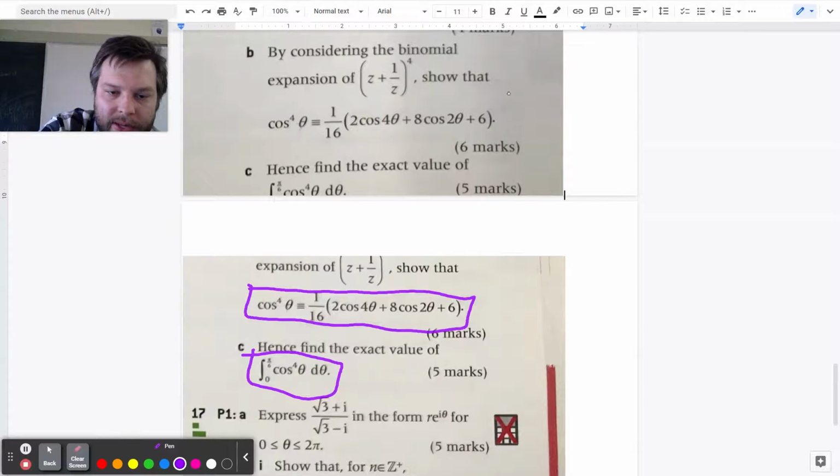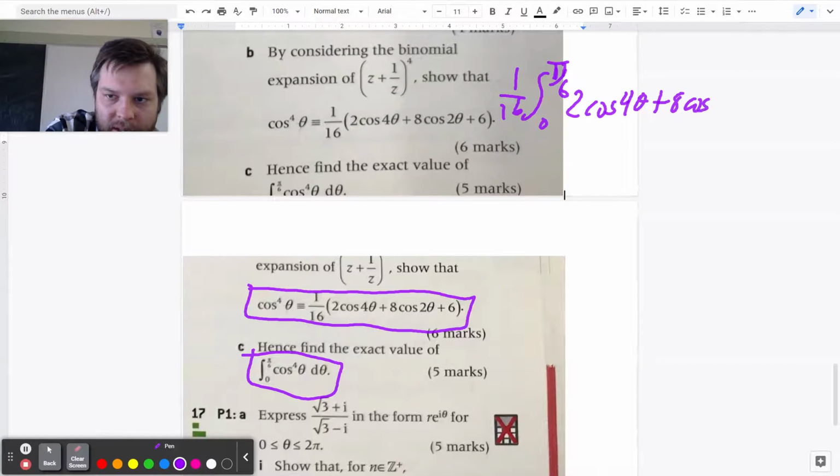So the requested integral is the same as 1/16 times the integral from 0 to pi over 6 of, and I pulled the 1/16 out, so we have 2 cosine 4 theta plus 8 cosine 2 theta plus 6 d theta.